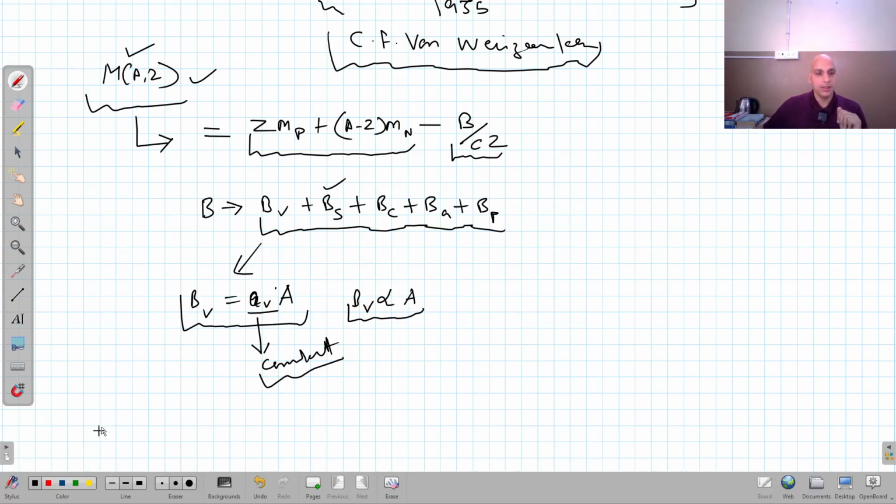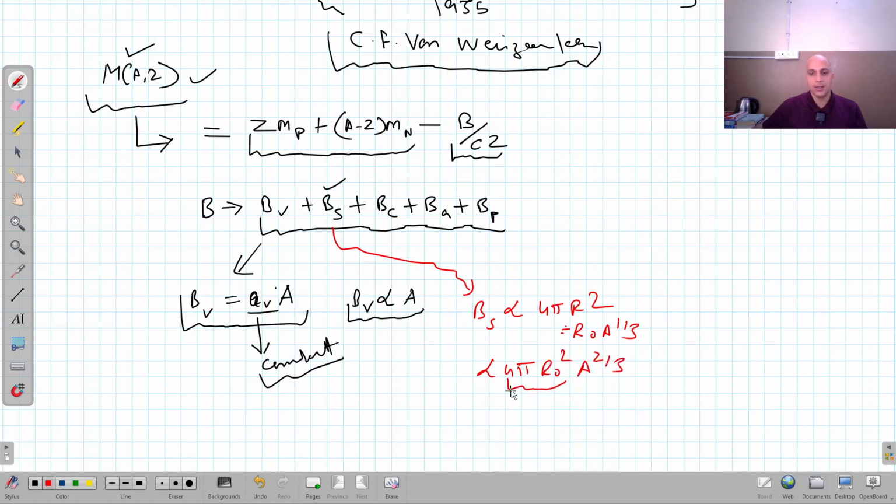Now I am coming to the second term, the surface energy term. B_S is directly proportional to the surface area 4 pi r square. If I put r equal to r naught A to the power 1 by 3, then this becomes directly proportional to 4 pi r naught square A to the power 2 by 3.